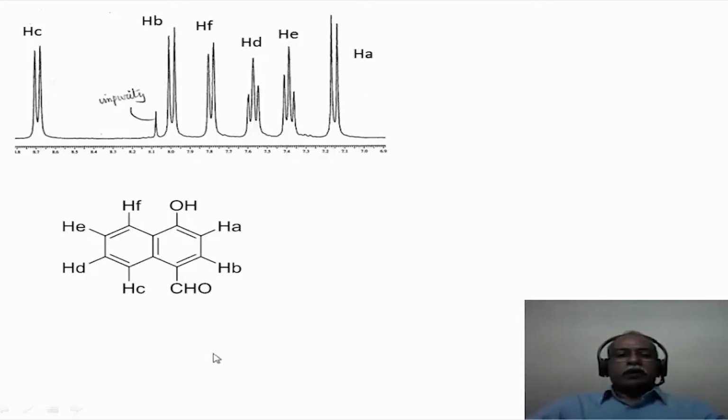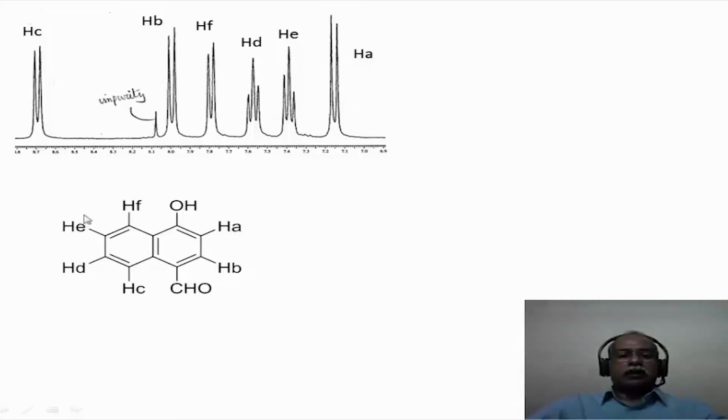Now in the other ring you have 4 hydrogens, HC, HD, HE and HF. Let us take HD and HE. HD has 2 adjacent ortho hydrogens, so it would ortho couple with each of them, and if the ortho coupling constants are accidentally the same, HD would appear as a triplet. In fact, there are 2 triplets here.